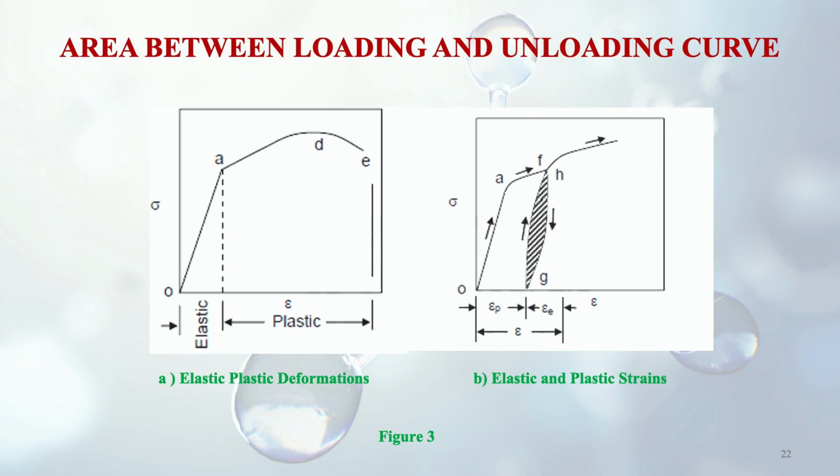When we reload it again, it follows a path different from the first one. This hashed area in the figure is known as the hysteresis loss.